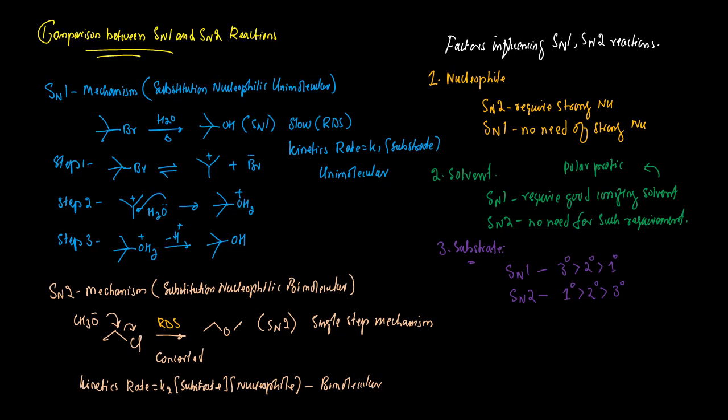Now let's move to the next factor, which is about rearrangement. In SN1 we observe the formation of a carbocation that is prone to rearrangement. Therefore rearrangement takes place in SN1. But in SN2, no rearrangement.